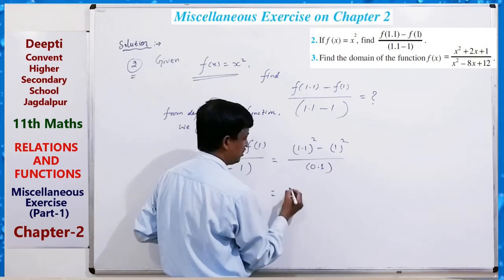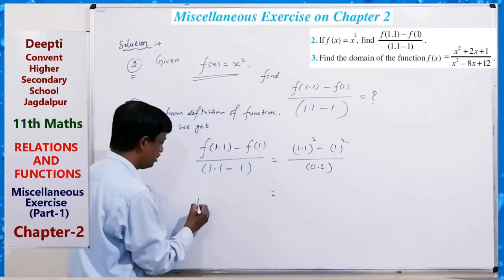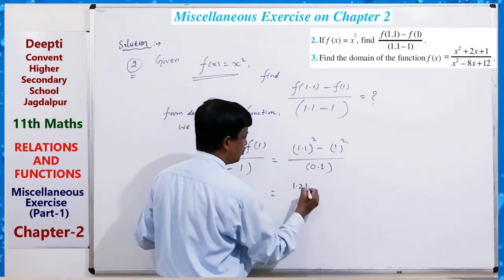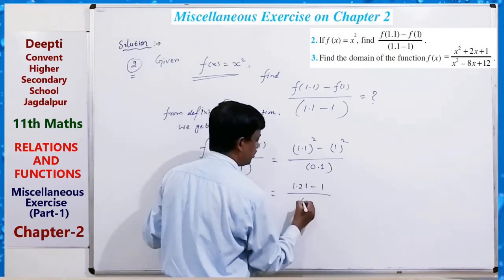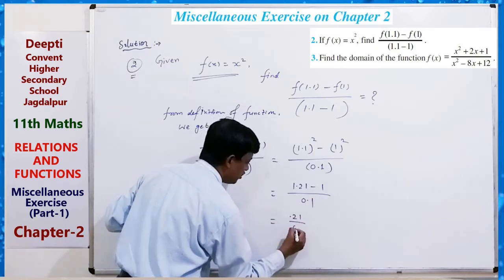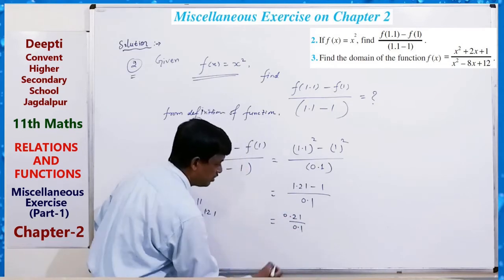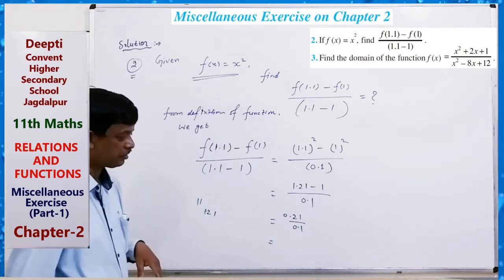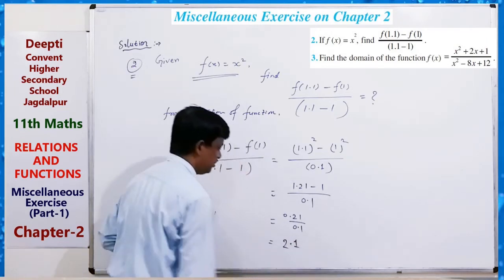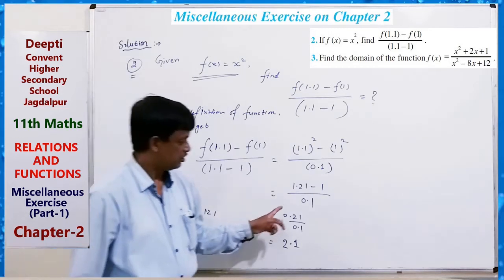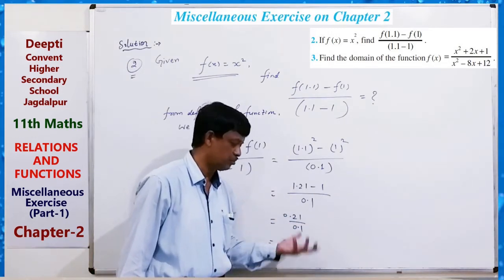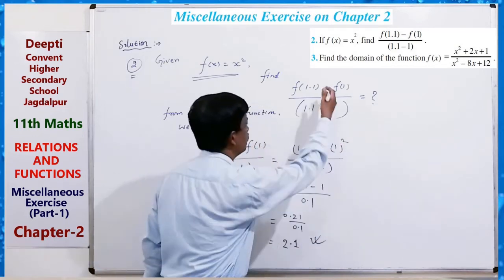So this is equal to 1.21 minus 1 upon 0.1, that is 0.21 upon 0.1, that is 2.1. Clear? In the denominator there is one 0 and in the numerator one 0, cancel. Then 2.1 is the value.